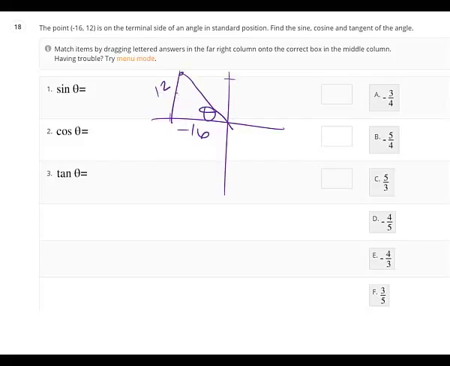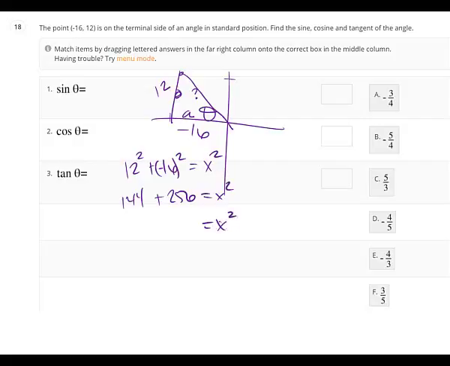And this would be the opposite, and this one would be the adjacent. So I don't know the hypotenuse. I got to find the hypotenuse. So how do we find the hypotenuse? A squared plus b squared equals c squared, or leg squared plus leg squared equals the hypotenuse squared. So what's 12 squared? 144. What's 16 squared? 256 equals x squared.